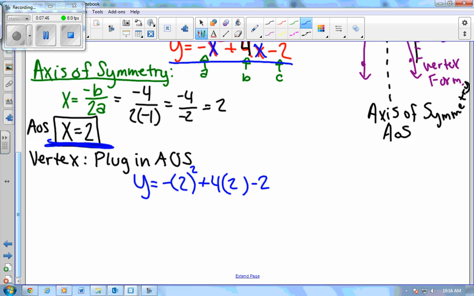You don't need a calculator, guys. You can do this by yourself. Parentheses, exponents, multiplication, division, addition, subtraction.